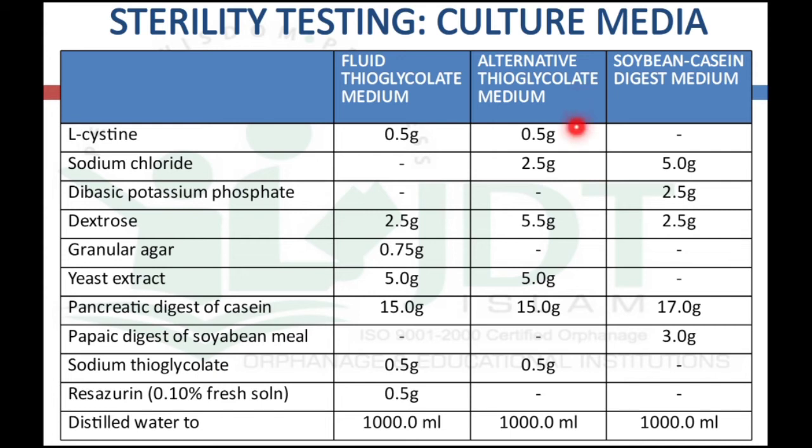Alternative thioglycolate media with L-cysteine, sodium chloride, dextrose, yeast extract, pancreatic digest of casein, sodium thioglycolate, and finally make up to 1000 ml with water. And soybean casein digest media by using sodium chloride, dibasic potassium phosphate, dextrose, pancreatic digest of casein and papaic digest of soya meal, and finally make the volume 2000 ml.